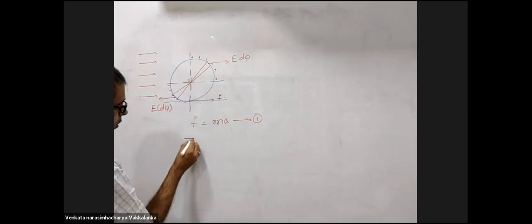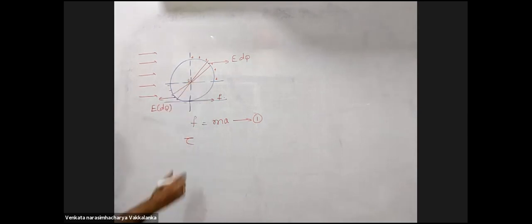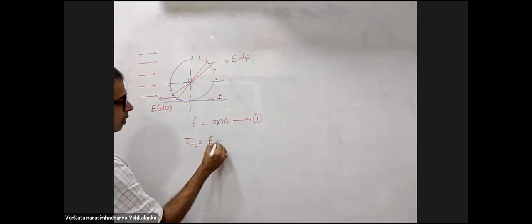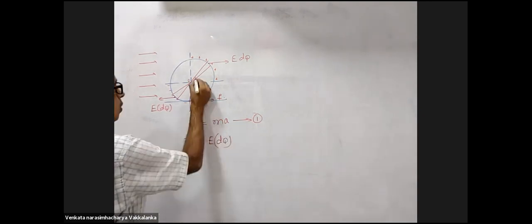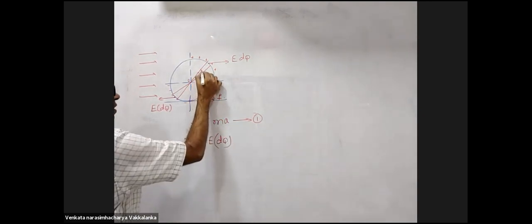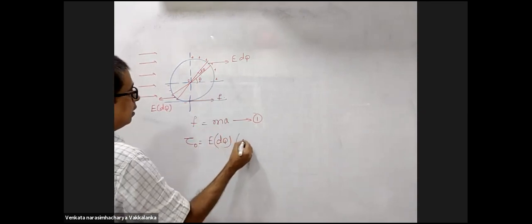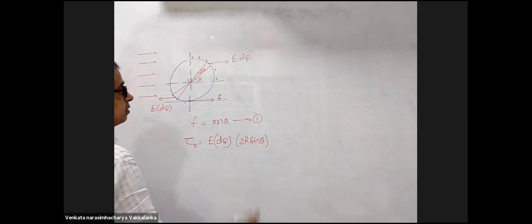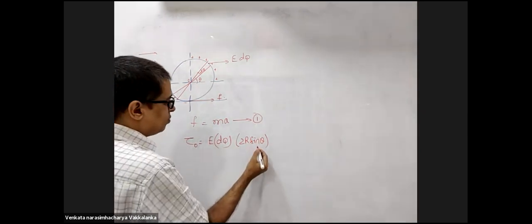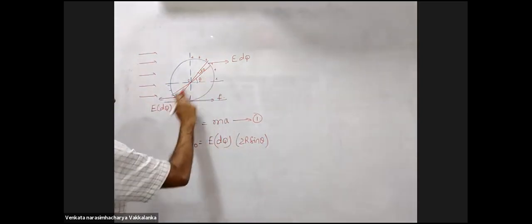Next is torque equation about the center of mass. Torque will be E into dq. You are taking this as theta, this as 2r sine theta. E into dq into 2r sine theta, torque due to a couple.